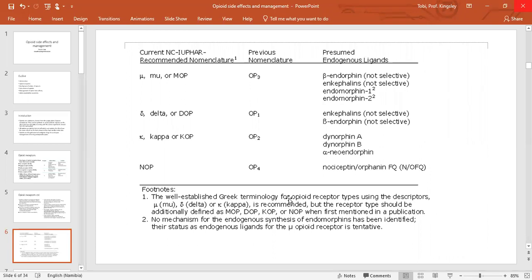The kappa receptors used to be known as OP2, and these are attached to dynorphin A and dynorphin B. And the nociceptin opioid receptors, known as OP4, like we said before, bind nociceptin and orphanin FQ. The reason why it's important for us to understand the different opioid receptors is that you may be able to predict which receptors will cause which effect, and which subtypes of the receptors will be responsible for the different effects.